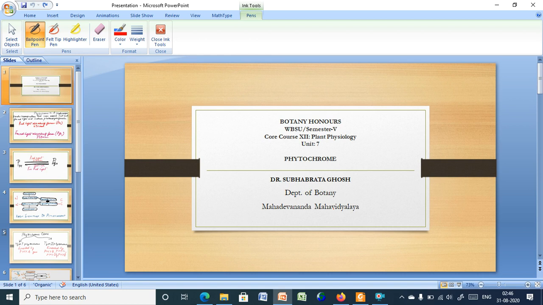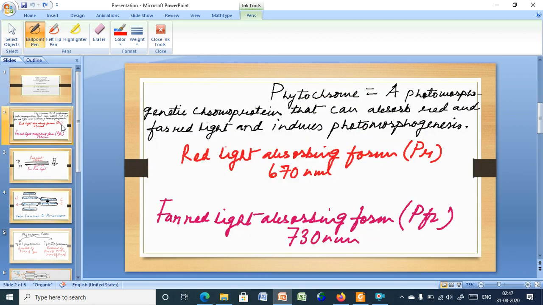And actually it is found in two interconvertible forms. One is known as the red light absorbing form or the PR form, and the second one is known as the far red light absorbing form or PFR.